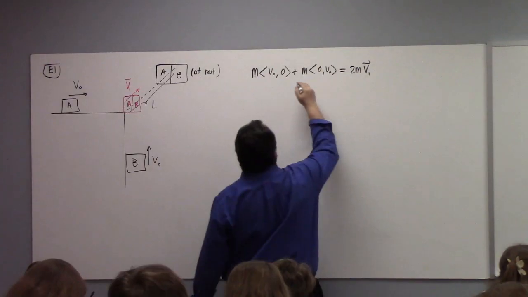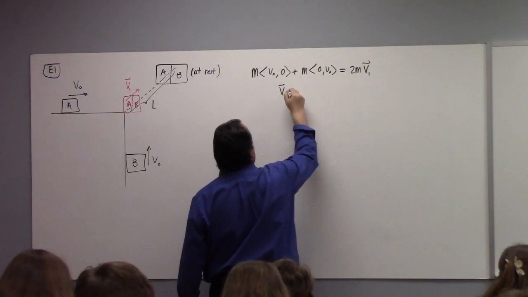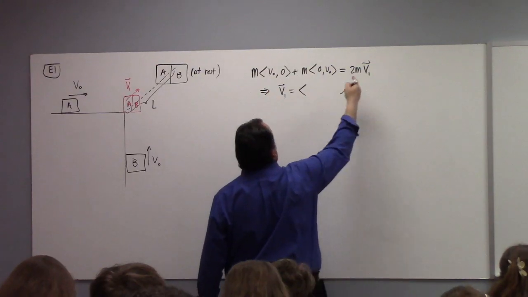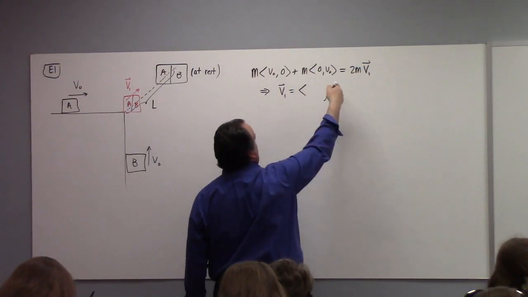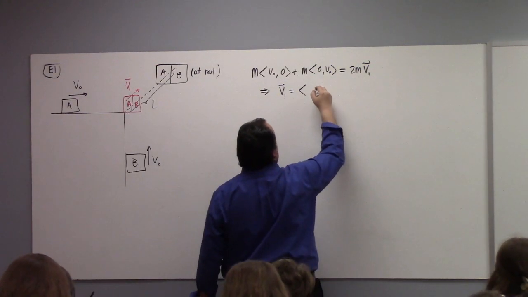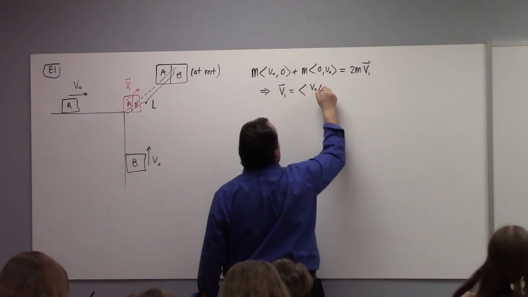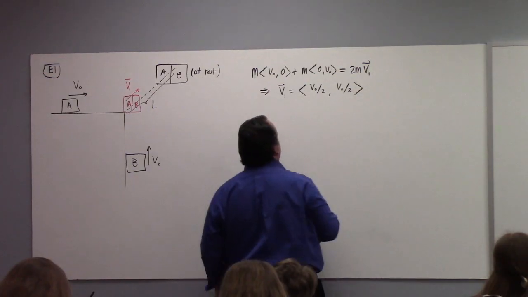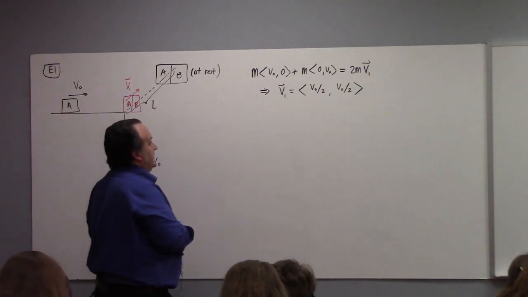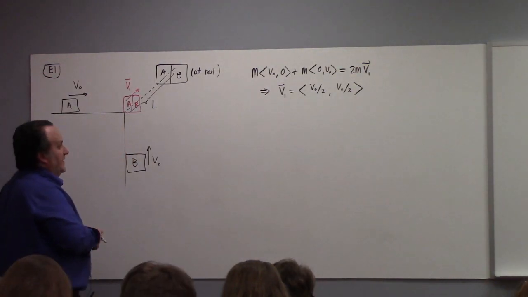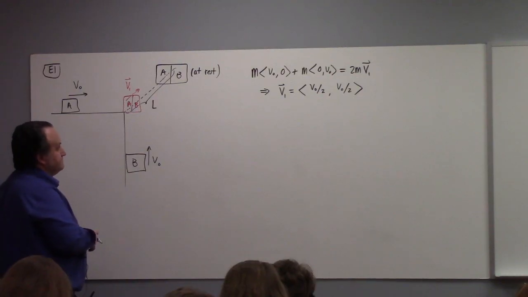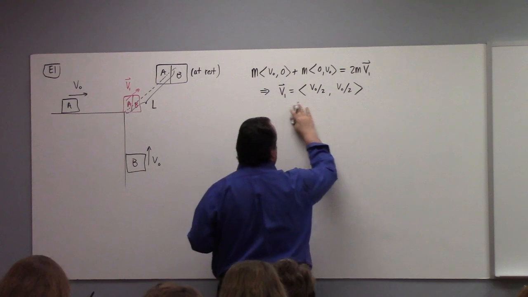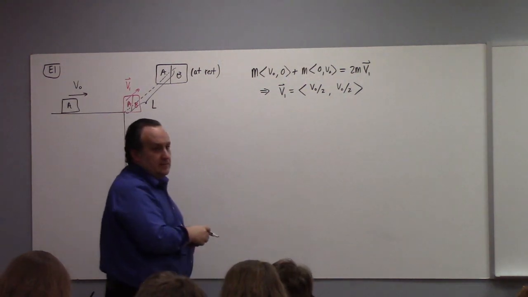And so what this gives us is that V1 is, we can divide, V0 over 2, V0 over 2. And the m's cancel. So this is the initial velocity it has as it begins to slide.